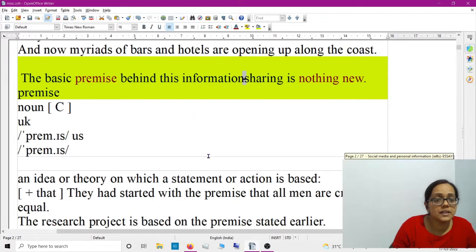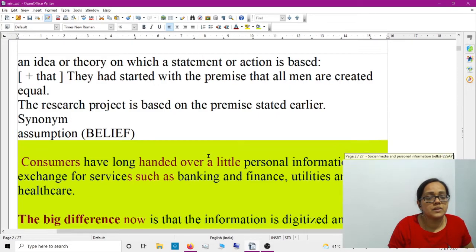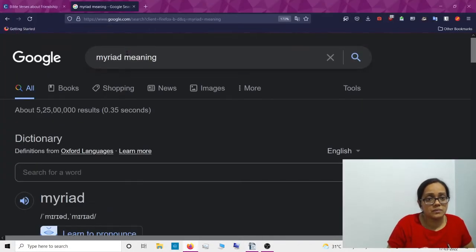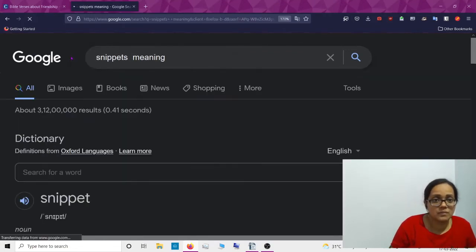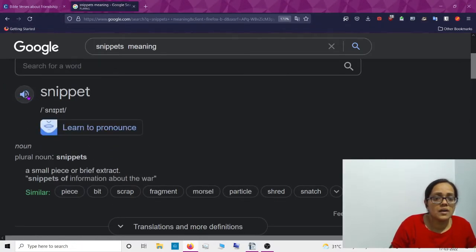So what is the meaning of snippet? Okay, let me check that. Snippet means a small piece, a brief extract.